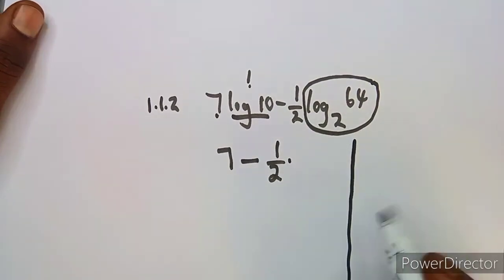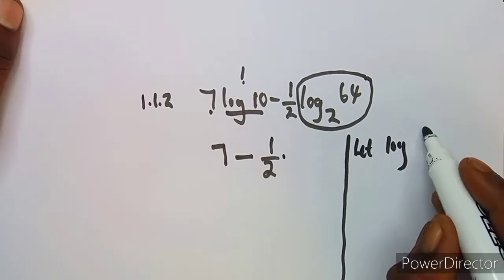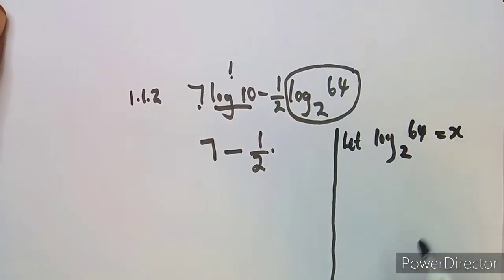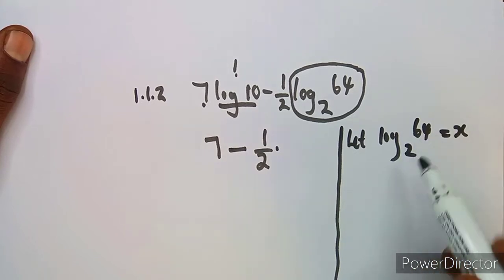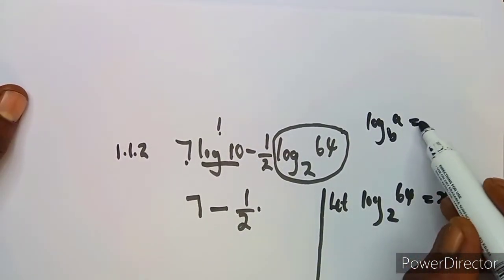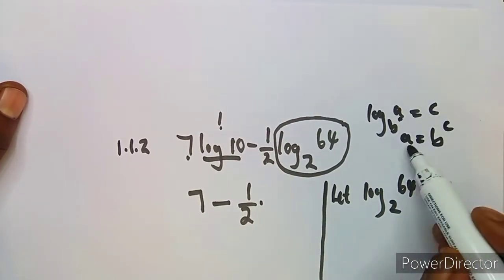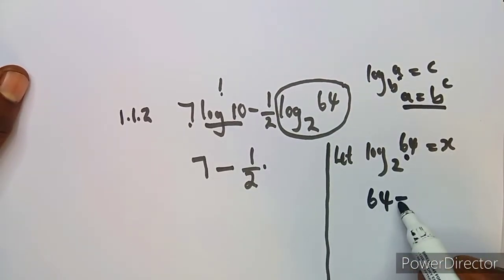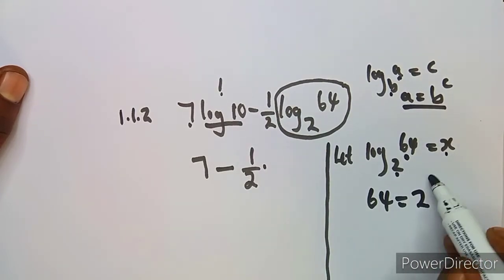Okay, I'm going to let the logarithm of 64, remember we're working in base 2, be equal to x, so that I can find the actual value for log 64 base 2. Remember from this concept, if you are given log a base b is equal to c, it means that a is equal to b to the exponent of c. So this is your a, so 64 is equal to b, which is the base 2, to the exponent of c, which is x.